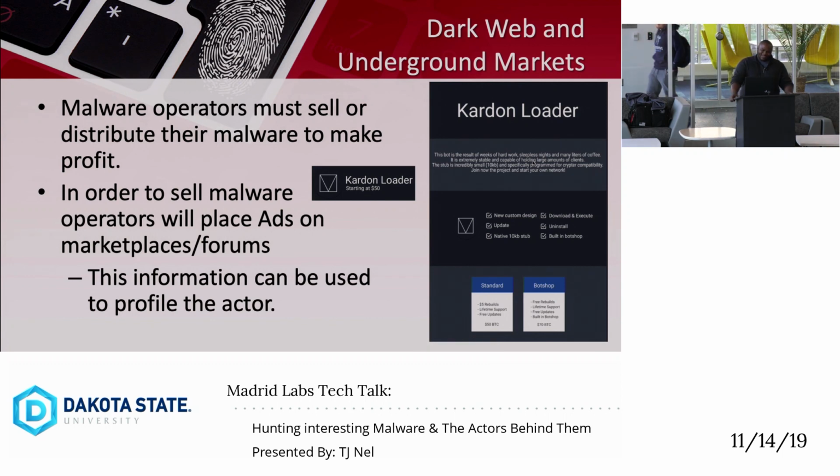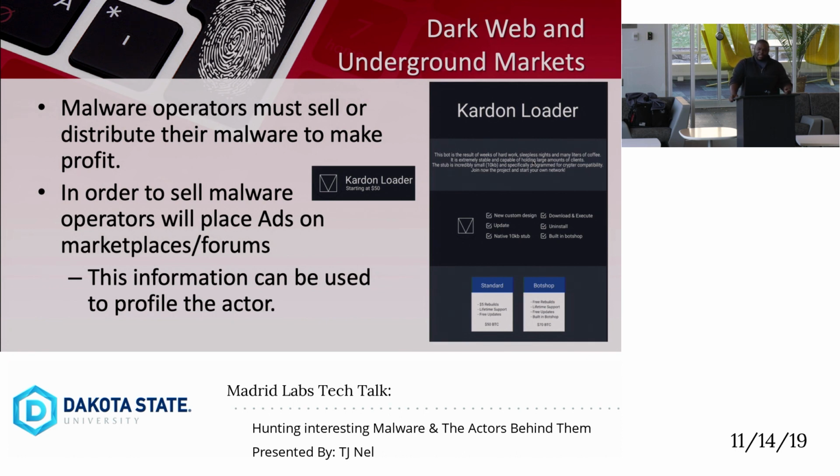So this is typically how you'd say, okay, this is a criminal actor, because they're actually trying to profit from their work of building this malware. Usually either the actor or a distributor they sell to is selling, and they have to place ads on these marketplaces and forums. There's information that could be used to find those people.